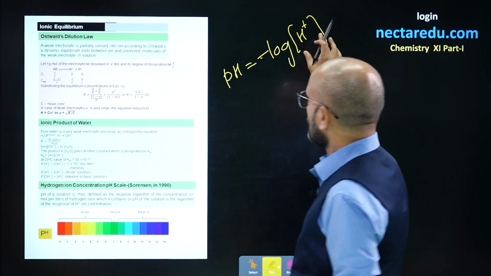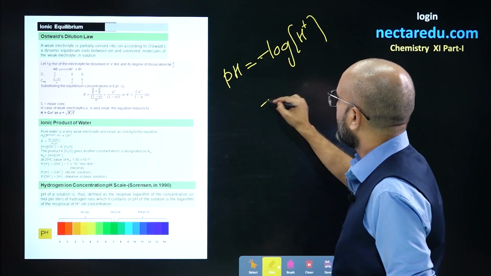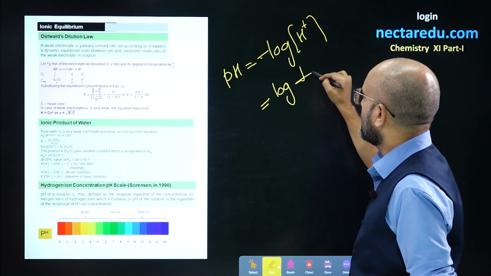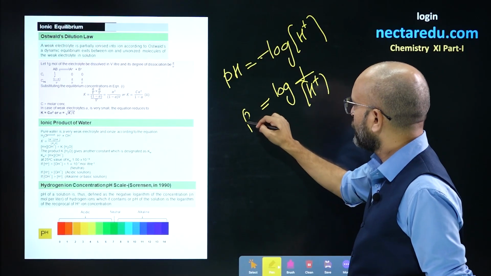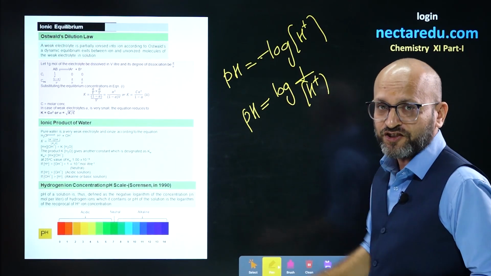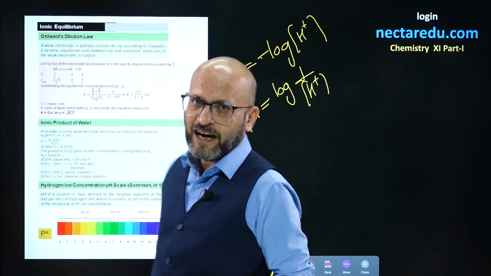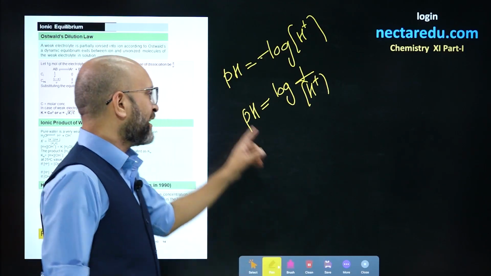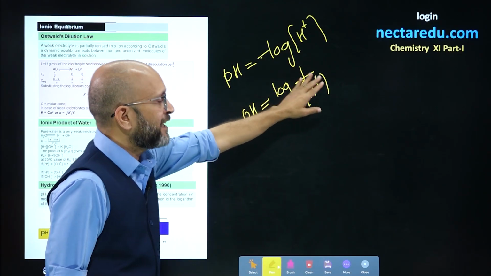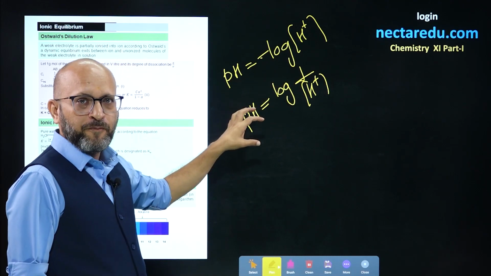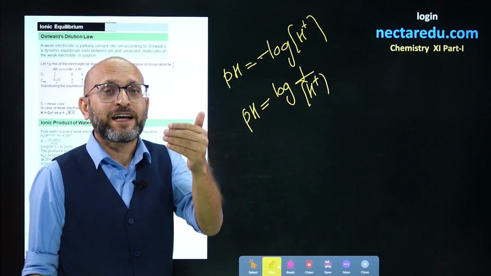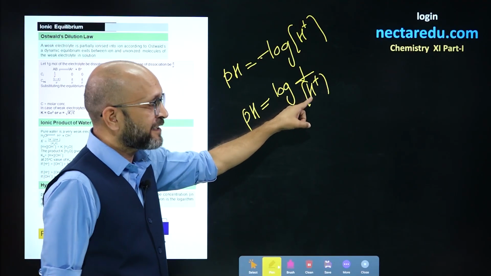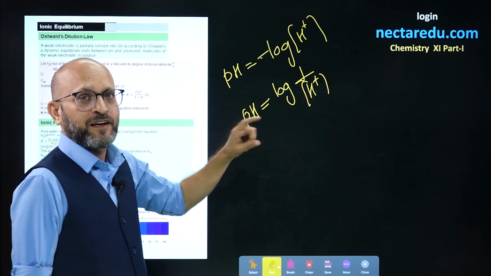I can write it like this: log of 1 upon H plus concentration, right? Are pH and H plus concentration directly related? I think you will say no. They are inversely related. Higher the H plus concentration, lower will be pH. So H plus concentration tells you about acidic character: more the acidic character, less will be pH, right?